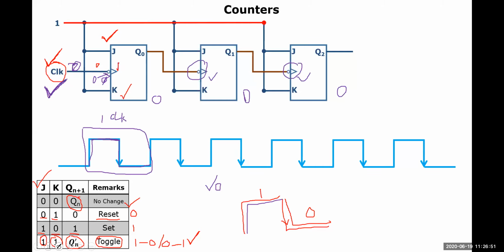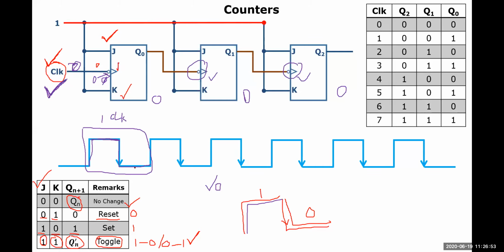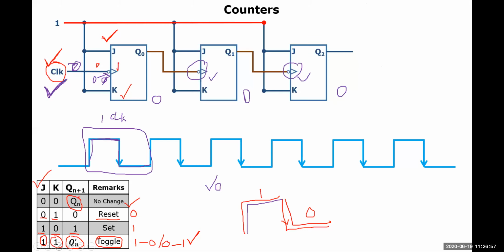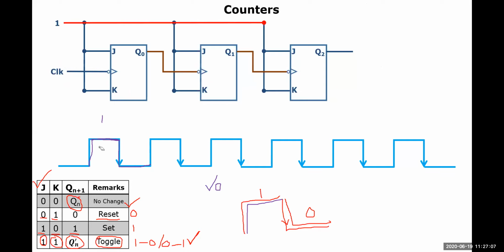Then followed by what exactly you need to consider. Let me not show that particular thing at this moment. What you need to understand initially is that before taking any clock pulse, all initial values will be considered as 0.